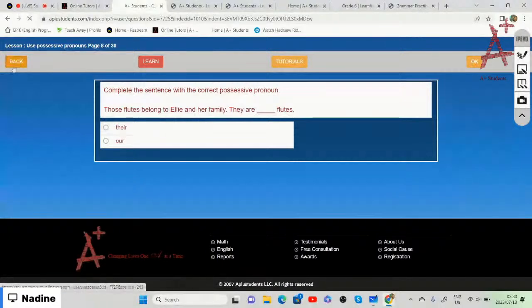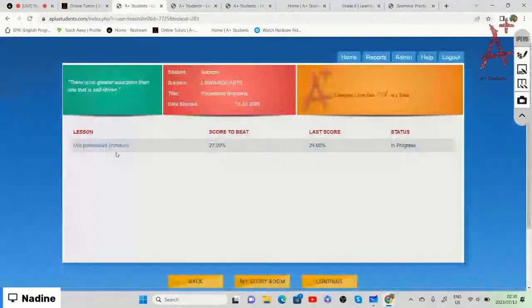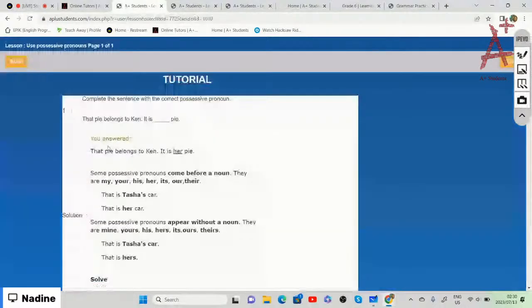All right, so we're going back now, right? That was the lesson on using possessive pronouns. We said some possessive pronouns come before a noun: my, your, his, her, its, our, and their.